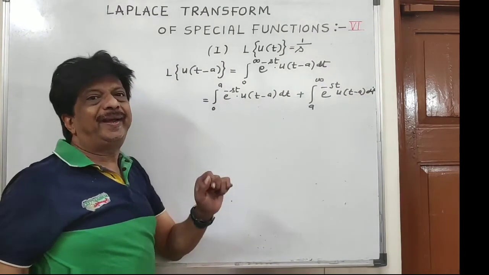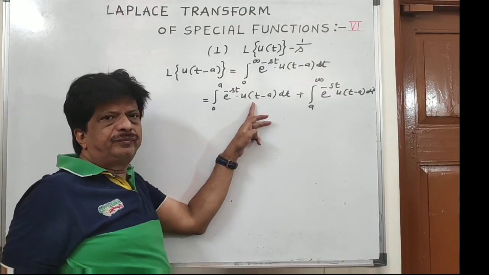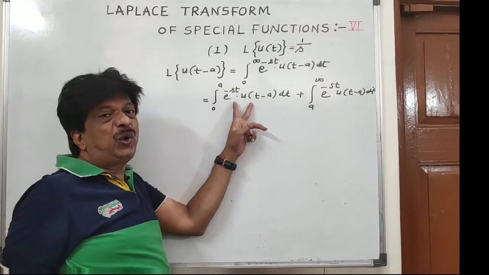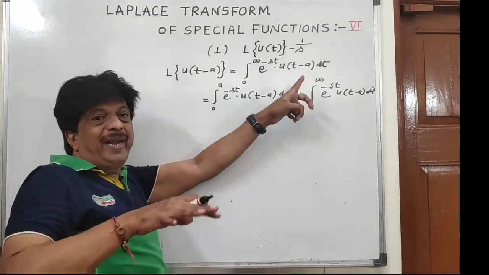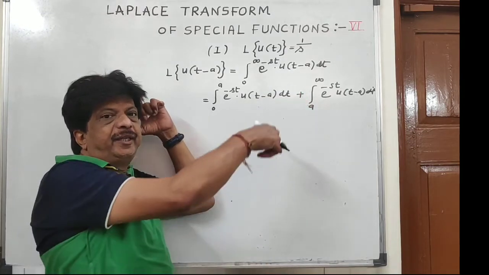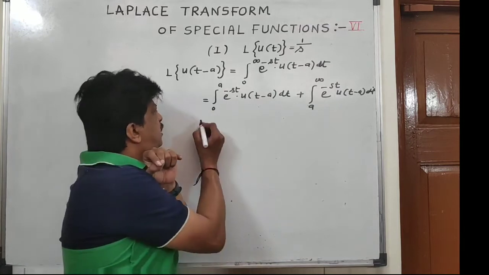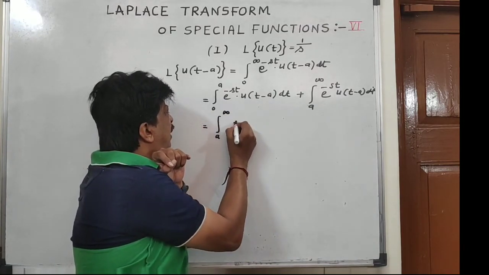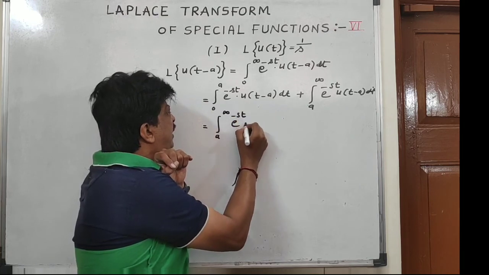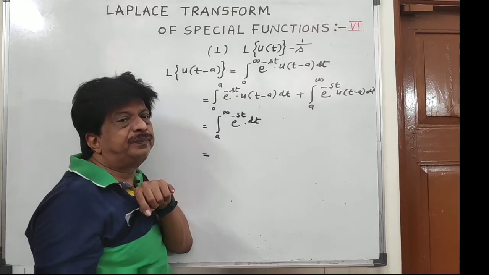Now from 0 to a, we have seen in the graph this function takes value 0, so the first integral is 0. Whereas from a to infinity, u of t minus a takes the value 1. So this reduces to integral a to infinity e raised to power minus st dt. Only that will be your required Laplace transform.